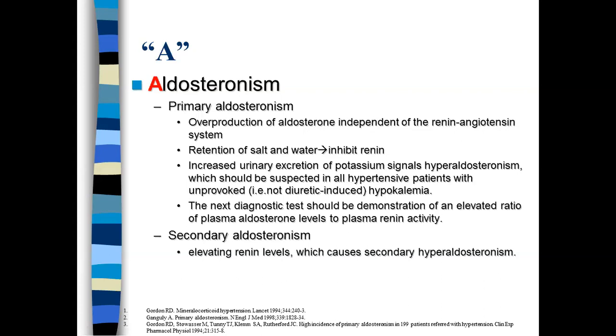And as you can see, when salt and water increase in the body, this will inhibit the renin released by the kidney. So if we find that there is low plasma renin activity, this is an indication of primary aldosteronism. Secondary aldosteronism is caused by elevated renin levels in the blood.